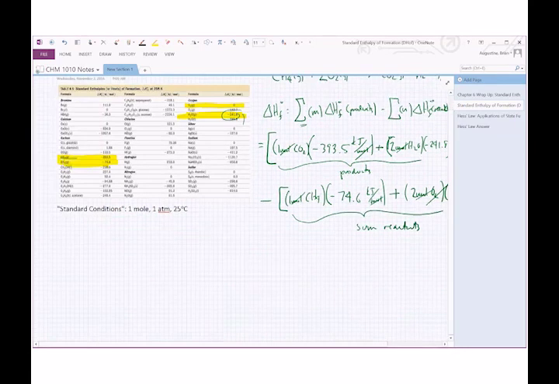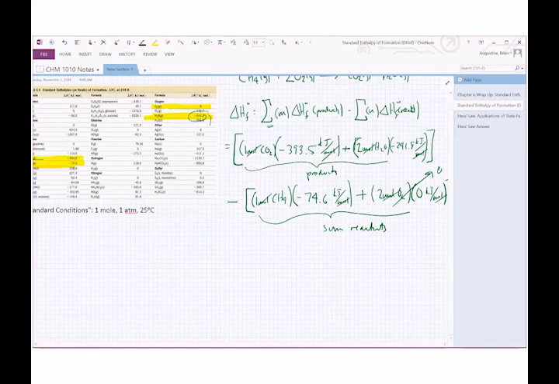All right, so what does that all end up equaling? Delta H sub F is equal to, now I need to get my calculator out, minus 393.5 kilojoules plus 2 times minus 241.8, which is negative 483.6.